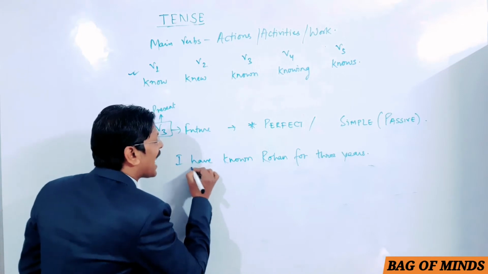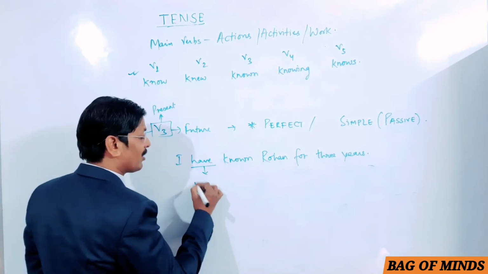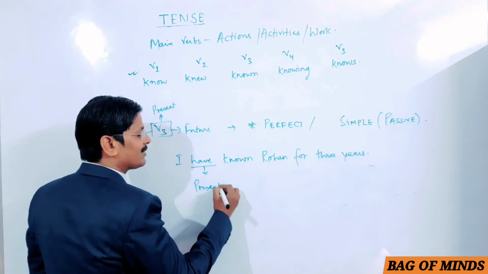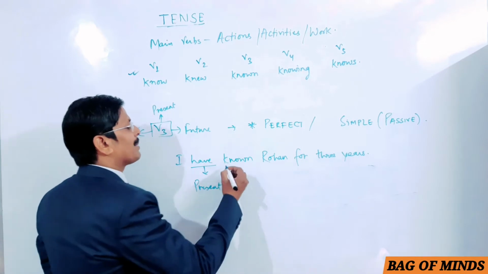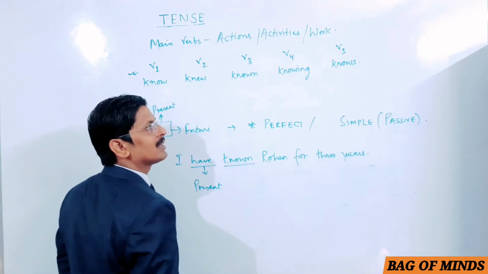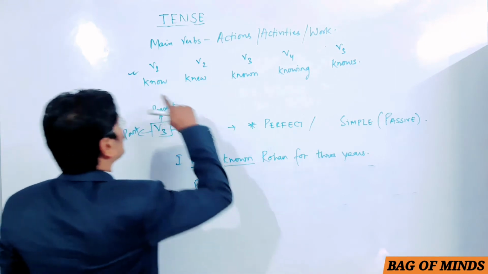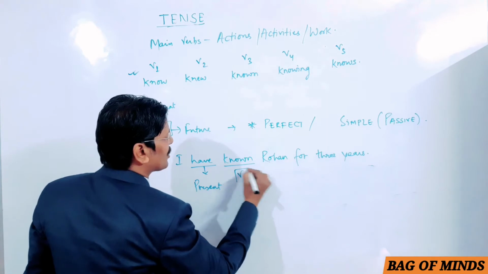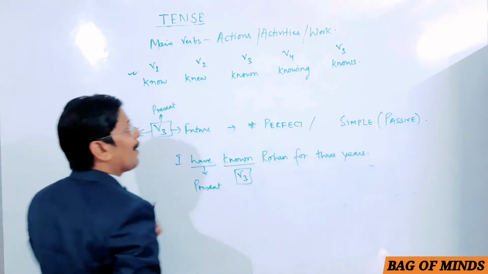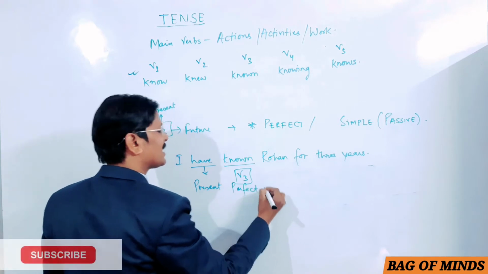Okay, I checked have. You remember have belongs to which category of helping verb? Present. Now I have to identify the exact time. After have, check the main verb, known. The main verb will always follow after the helping verb. Known, know, knew, known. Known is my V3. So you remember V3 is used for perfect category. So this category of sentence is present perfect.